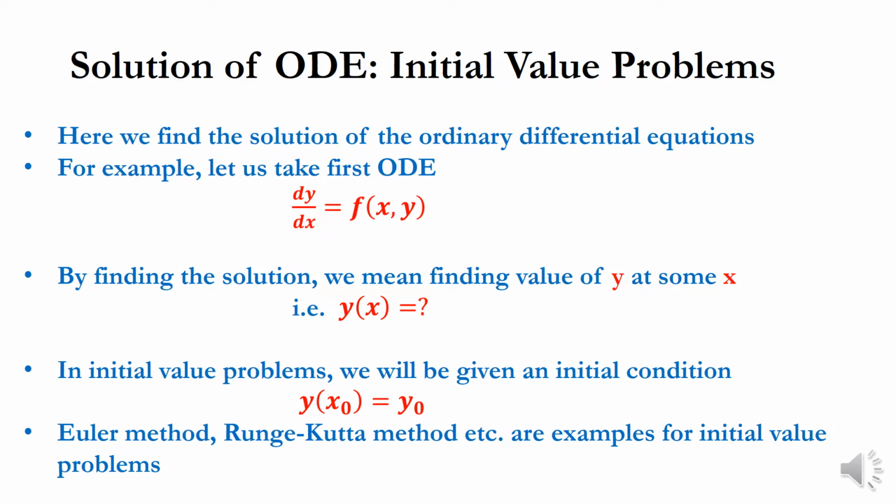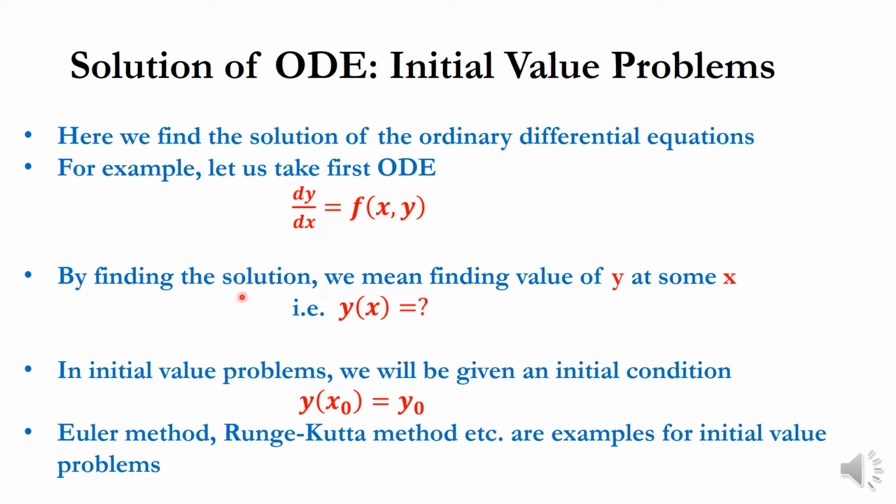So, solution of ordinary differential equation using initial value problems. Here we find the solution of the ordinary differential equations. For example, let us take an ordinary differential equation like dy by dx equal to f of x, y.